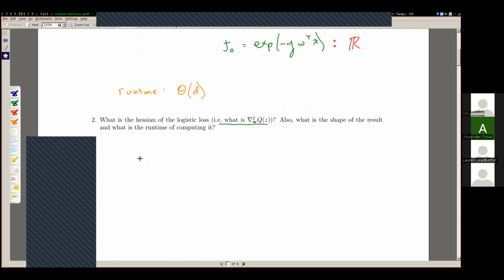Instead, I'll just state that the shape of that is going to be R to the D by D, and the runtime is going to be theta of D squared. Those are the properties that we'll actually need of that, and you can verify that again on matrixcalculus.org.